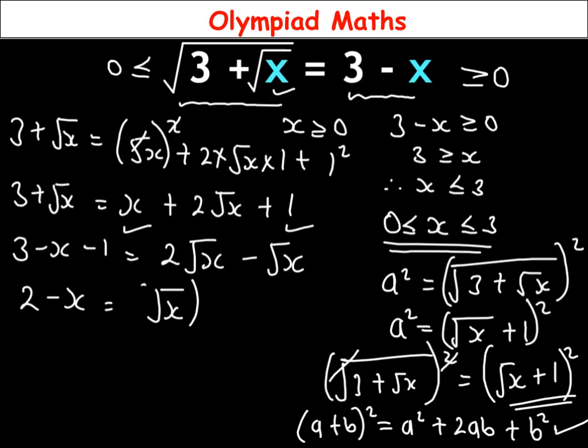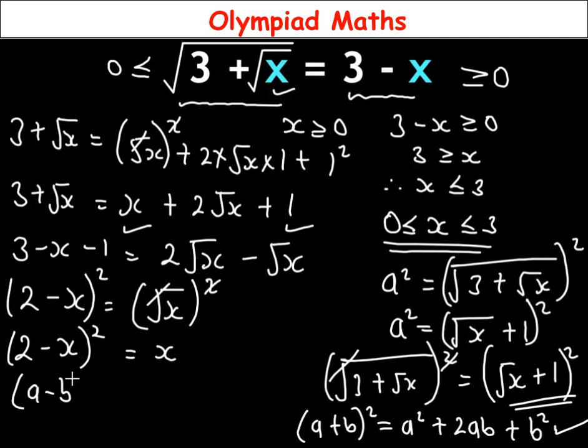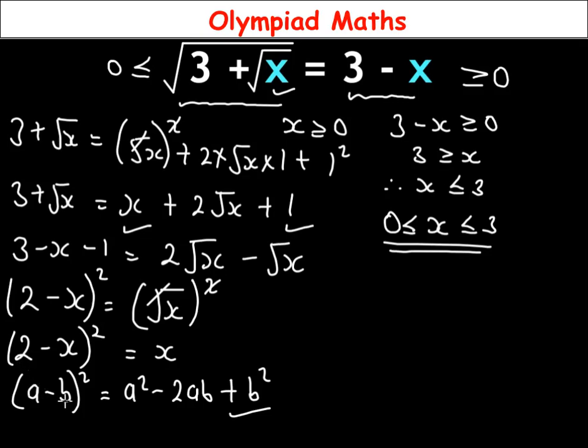Then square this side also, such that square cancels square root. We have 2 minus x all squared is equal to x. At this junction, a minus b all squared is equal to a squared minus 2ab plus b squared. Applying this, a is 2 and b is x.